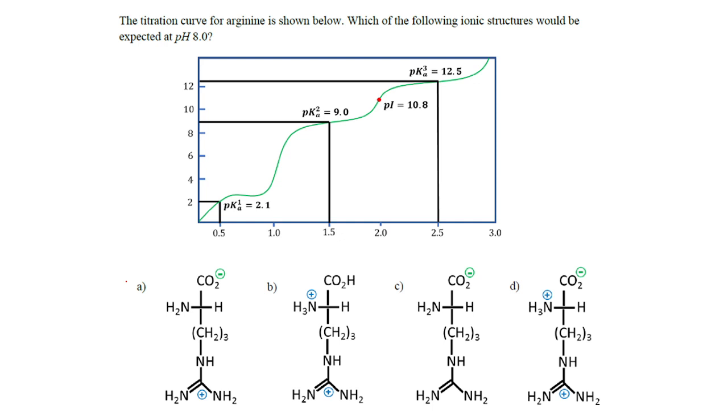Now this is a titration curve. It is saying, at pH 8, which structure would you be observing? If you look into the titration curve at pH 8, the overall charge of the amino acid will be +1, as your pK1 is 2.1.